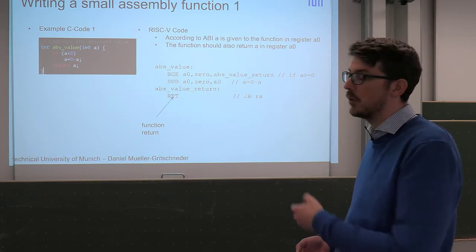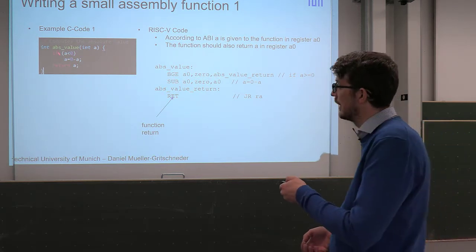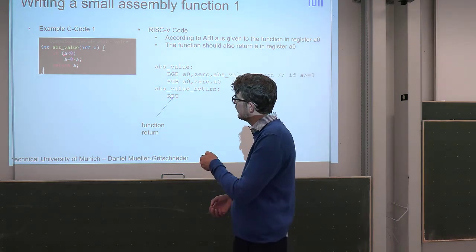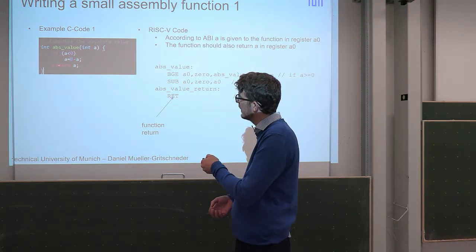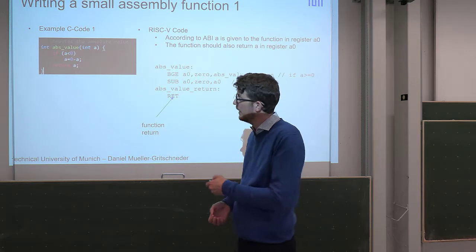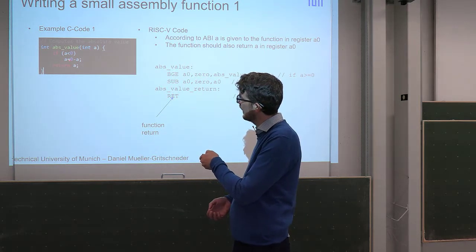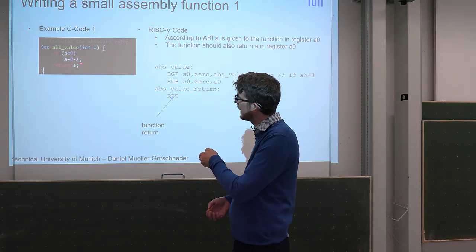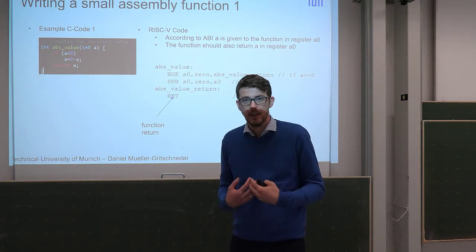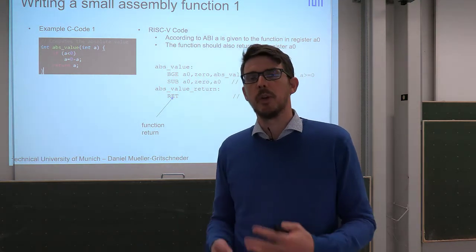It has one integer parameter and returns one integer value. If a is smaller than 0, it multiplies it with -1, which you can also express as 0 minus a. So if you give it -5, it will return 5.